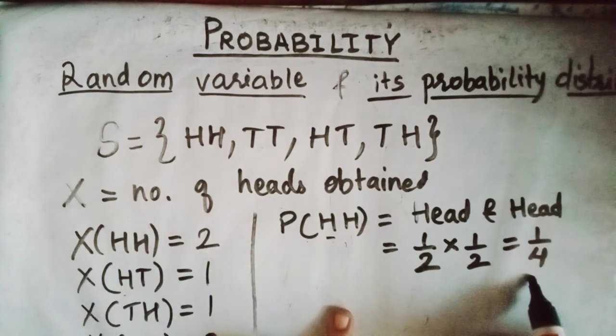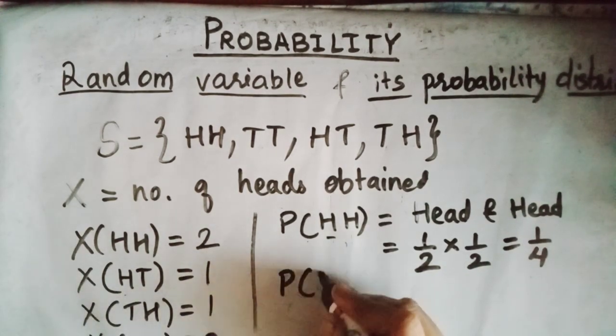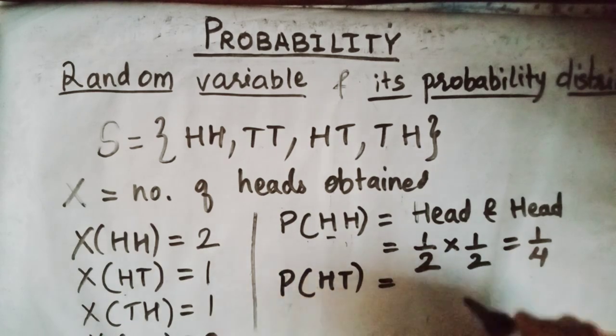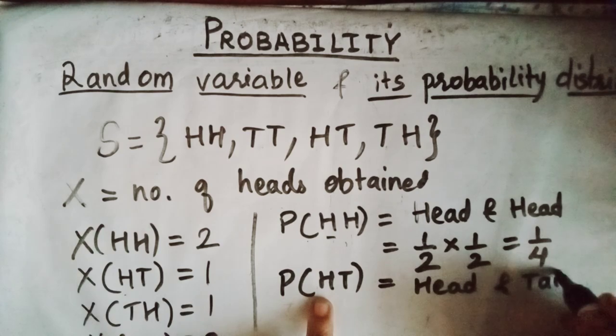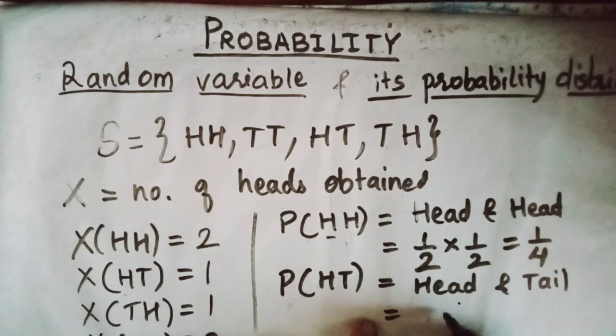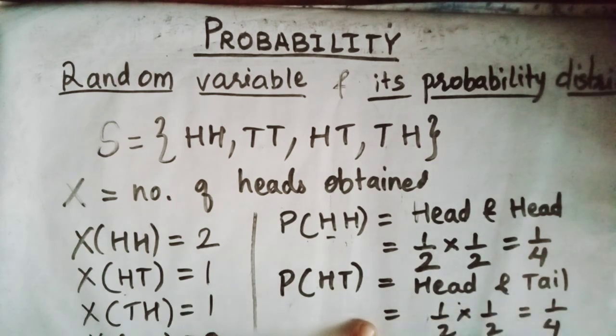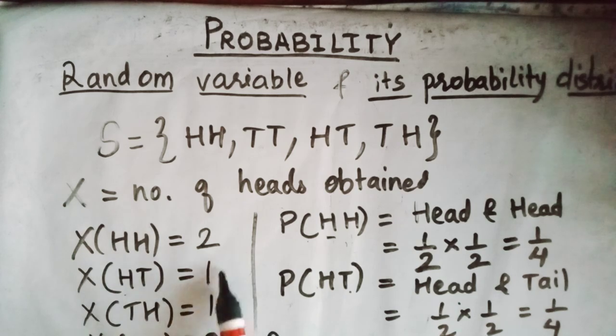P of HH is 1 by 4. Then P of HT will be what? This is head and tail. Again the same thing, because head is half and tail is also half, so 1 by 4. Now if you have to write the probability together, that is HT or TH, when the random variable is 1, for both of these it is 1, right?